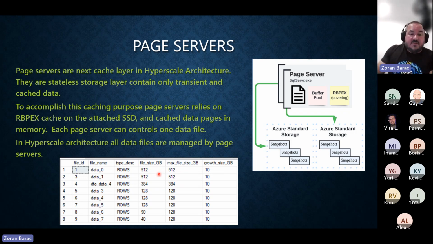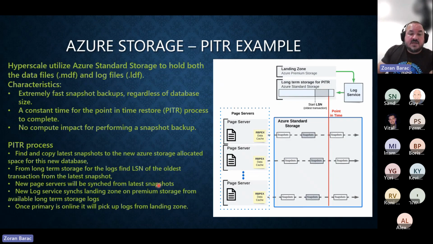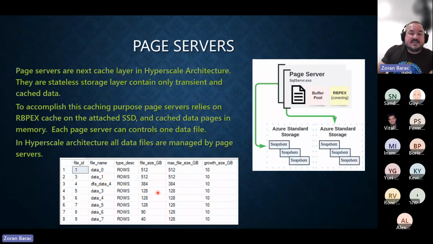But you can see that after 512 and 384, when I was adding more data to the Hyperscale database, every single new file went up to 128, 128, 128. As soon as you reach some threshold, like 90 gigs here, it creates a new one and just adds them, and so on.